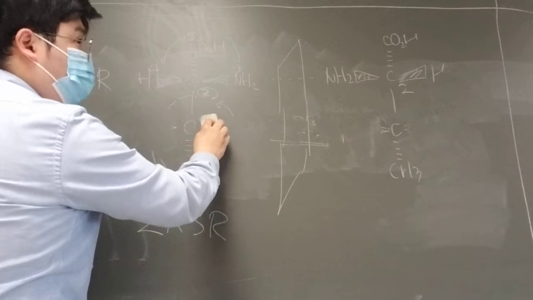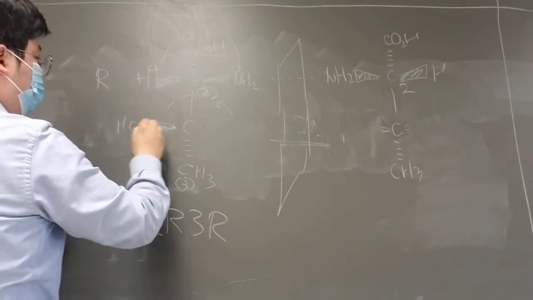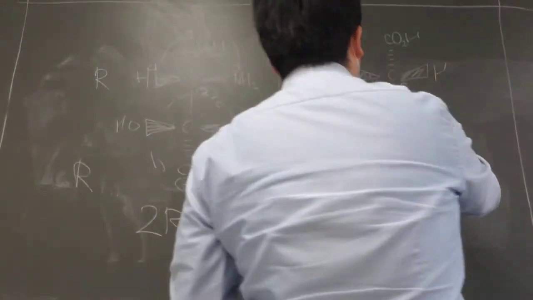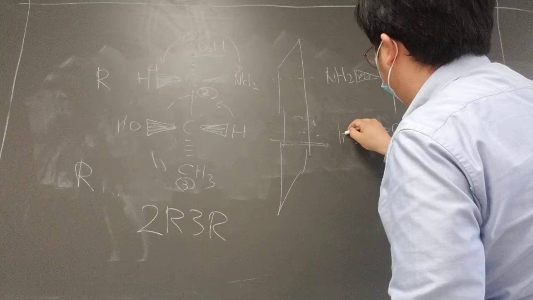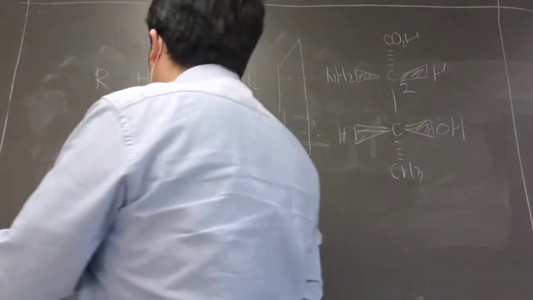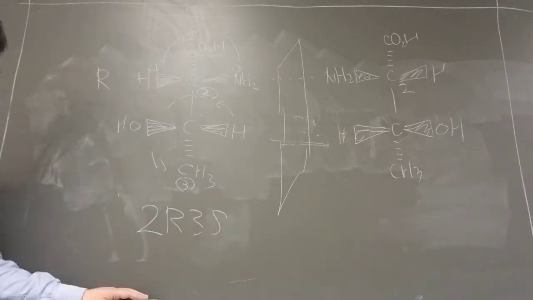So we're changing this position right here. Put this one on this side. Okay, here. And then we'll just switch the position over here at the bottom. Okay. And now this will become 2R, 3S.